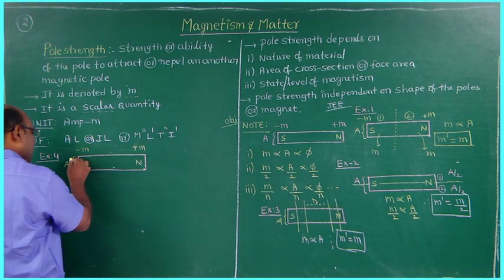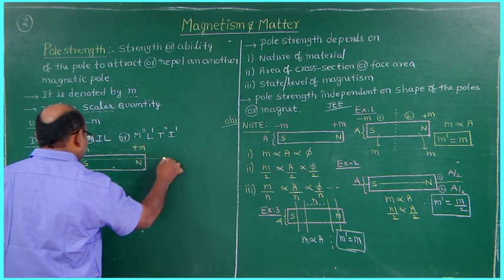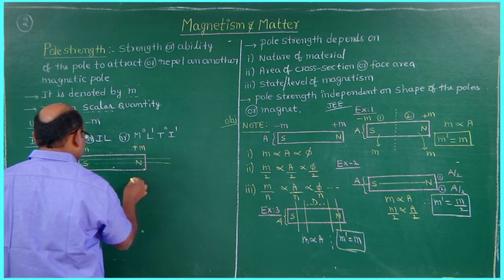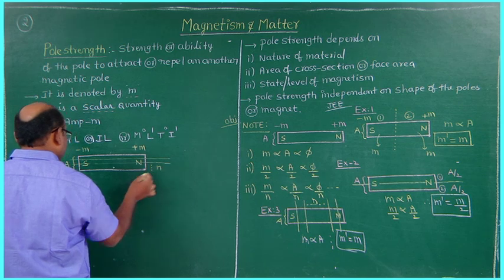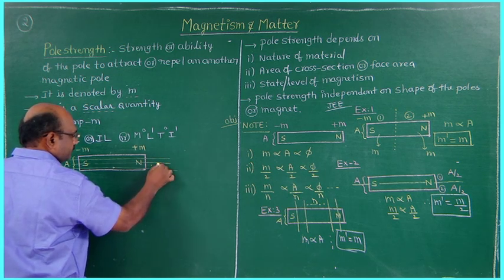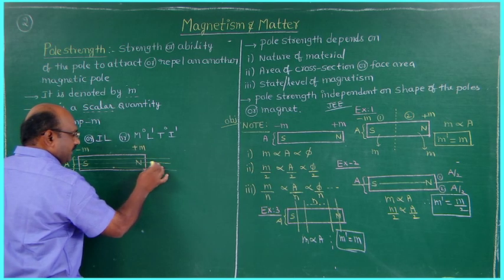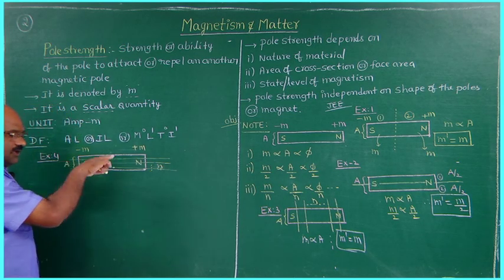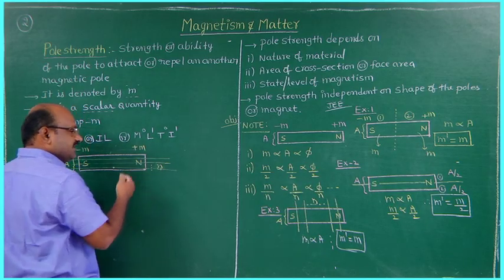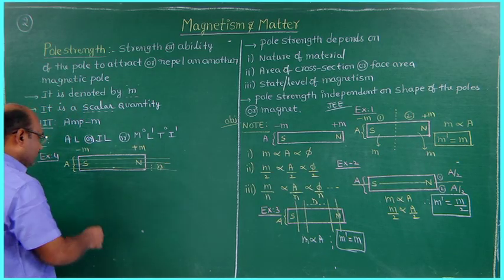Now, it is made into n equal pieces as shown in the figure. How is it made into n equal pieces? Along the length. So, what happened? The area of cross section changes.